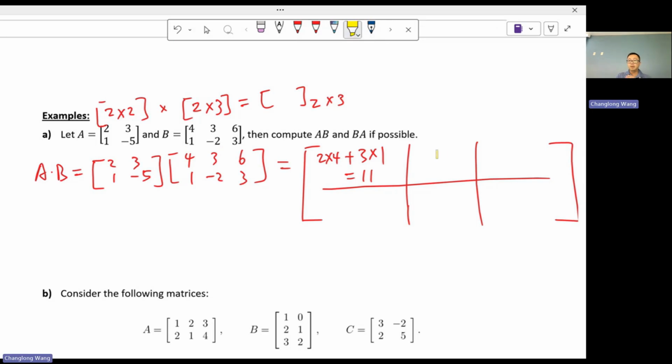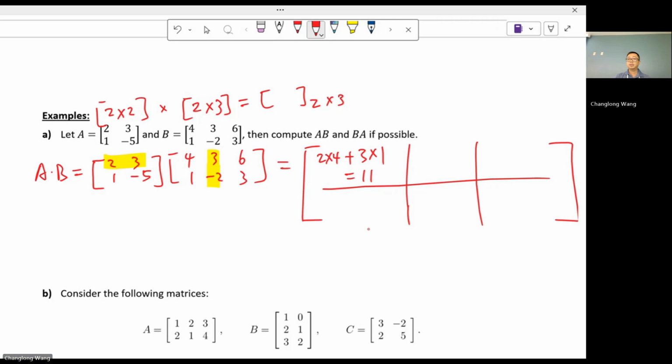Well, maybe just try one more. So what about the second column? First row, second column. I need the first row, right? But now the second column, right? So then we do that. Can you guys figure out the mental math? First row times the second column, what do I get? 2 times 3 plus 3 times negative 2.